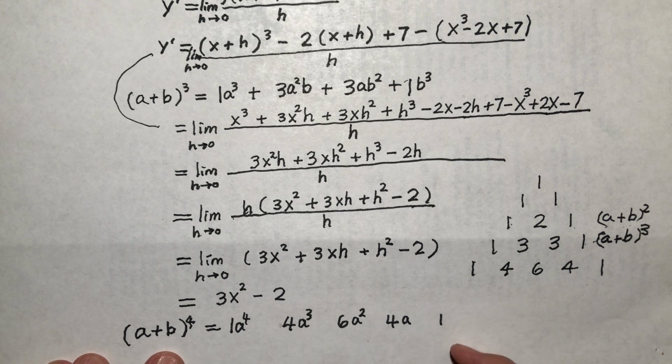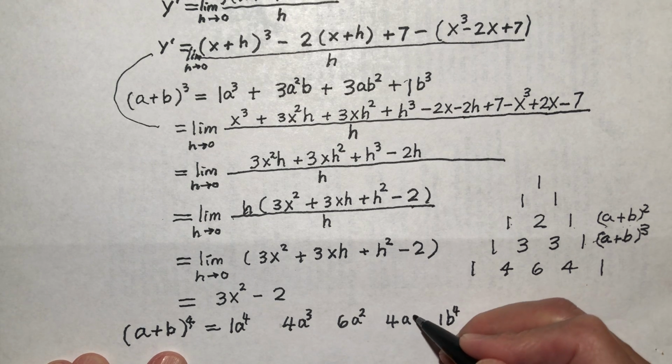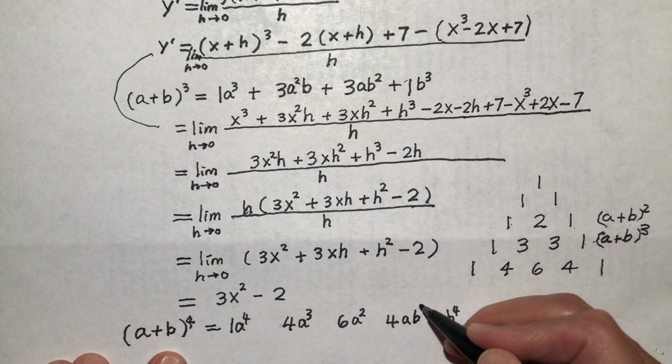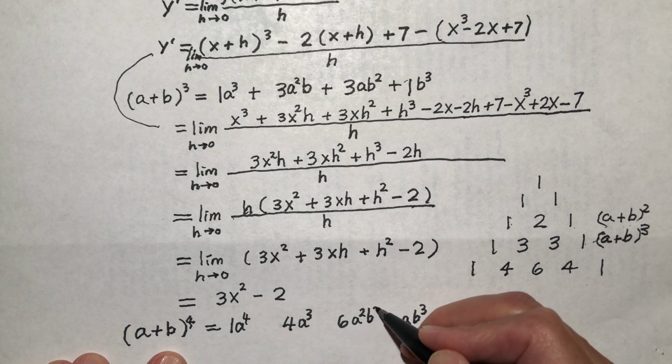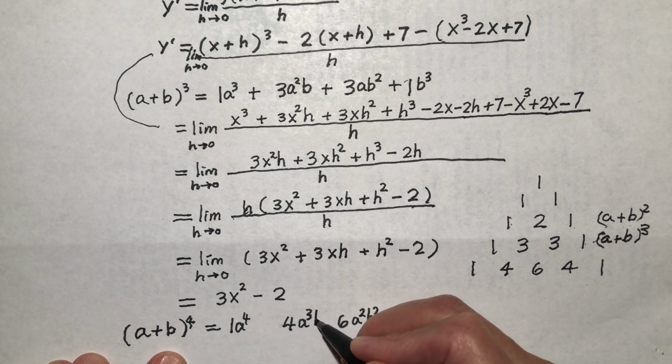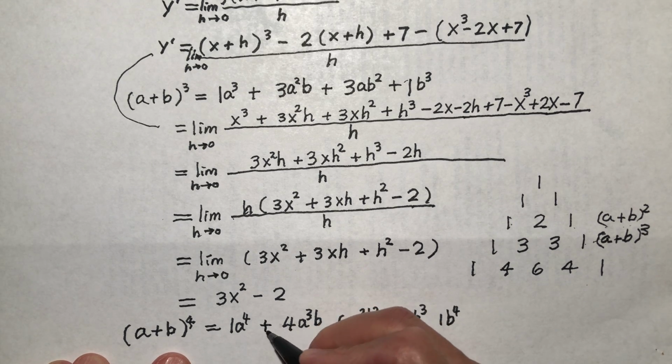For b, you go this way: b to the power 4, and b to the power 3, and b to the power 2, and b to the power 1, and no b. So add.